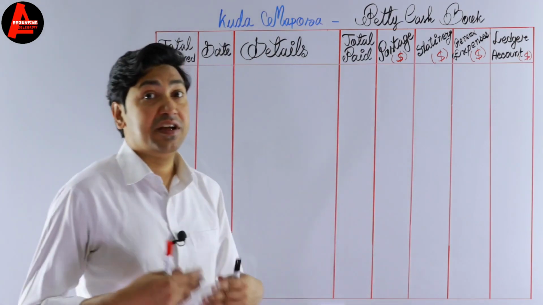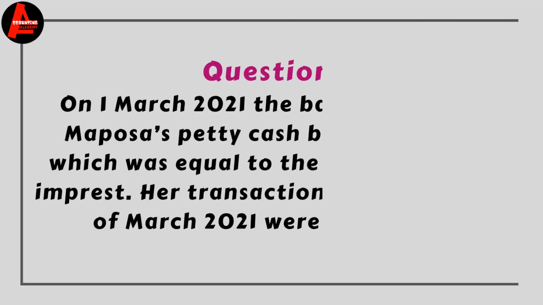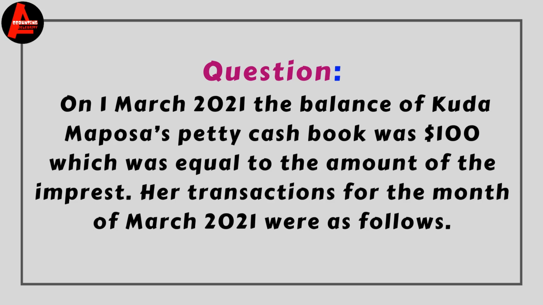Let us have a look at the question on this screen. Kuda Mepuja maintains a petty cash book using the Imprest system. On 1st March, the balance of Kuda Mepuja's petty cash book was $100, which was equal to the amount of the Imprest. Her transactions for the month of March 2021 were as follows. Here we see some transactions given.